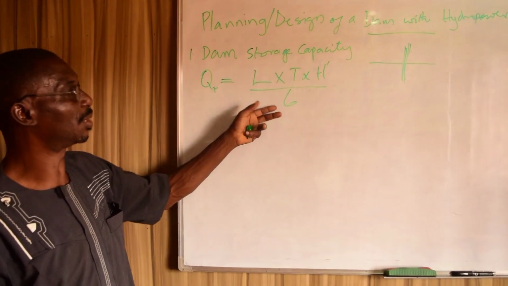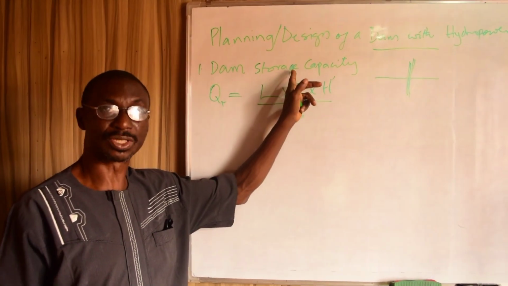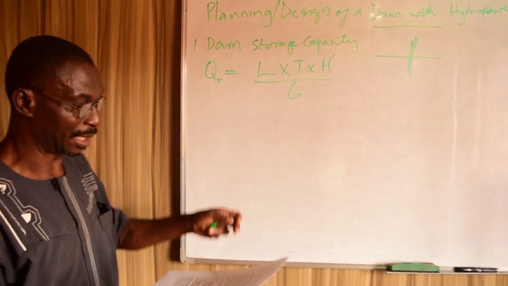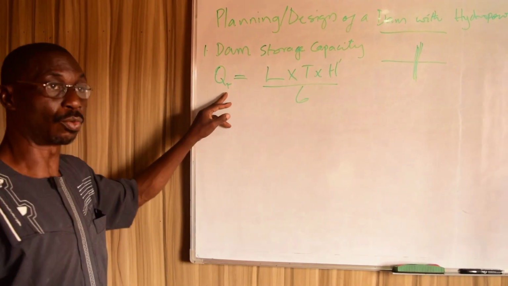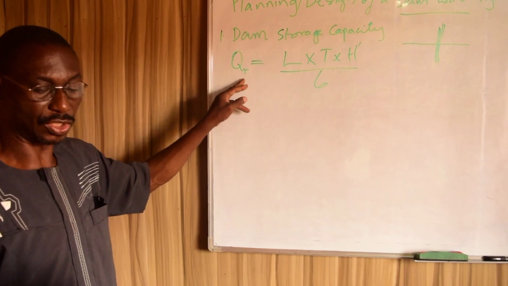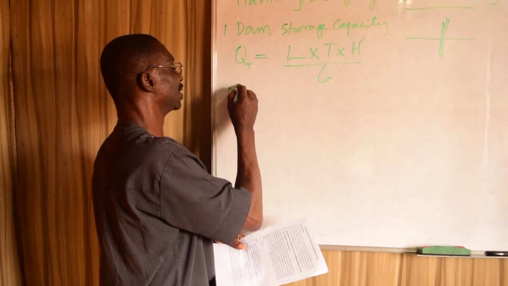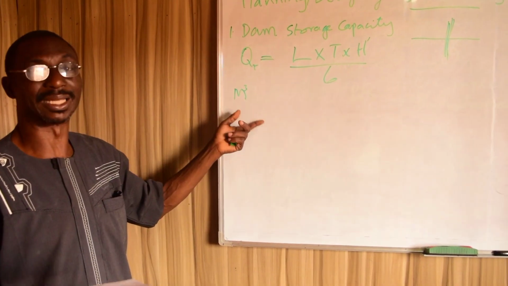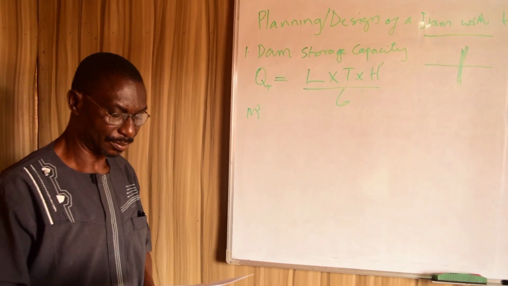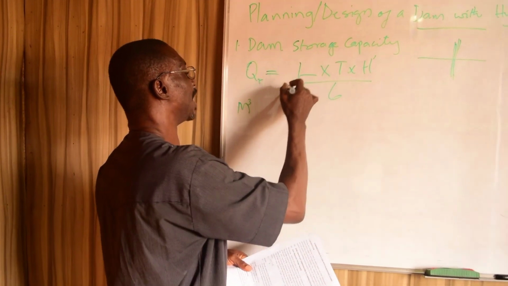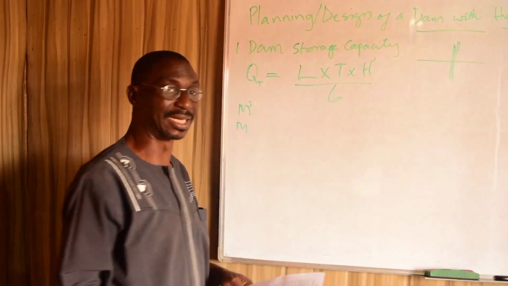So this is the formula you can use to calculate your dam storage or dam reservoir. And here, Q is the quantity of water or the storage capacity in cubic meters. Then L is the length of the dam in meters.